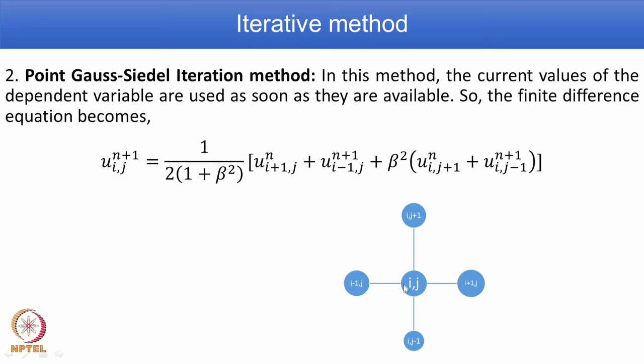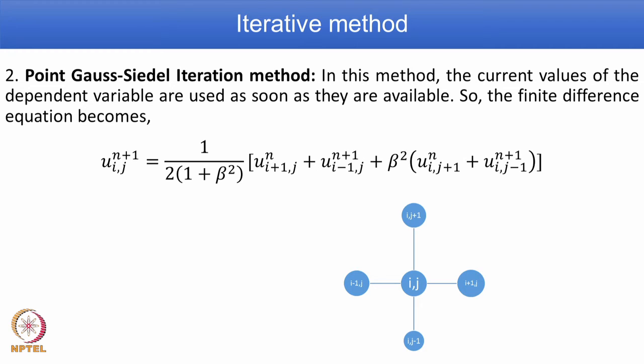That way, the nodal value i comma j is more realistic, because we learned from this discretization procedure that the i comma j value is influenced by neighboring nodes. So, if you take very close values, then the solution can be obtained faster, and in this procedure values at node i minus 1 comma j and i j minus 1 are known from just completed iteration.